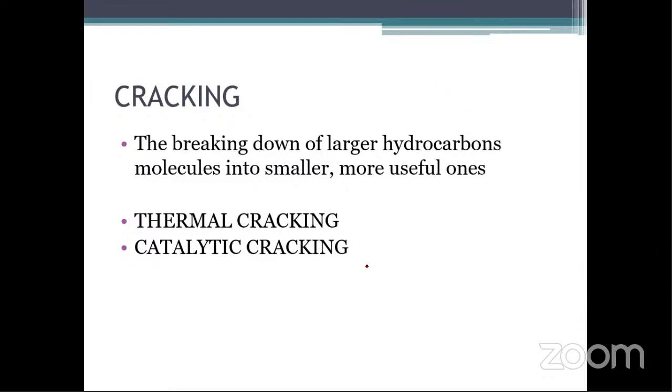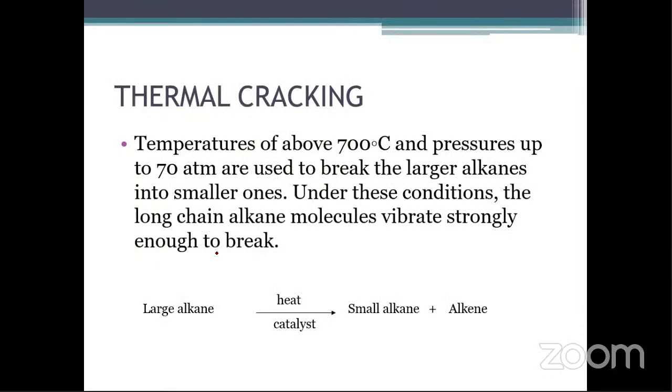Right, so you have it mostly right. Thermal cracking is about heat, while catalytic cracking is about using a catalyst. Let us first look at thermal cracking. In thermal cracking, you use temperatures above 700 degrees Celsius and pressures up to 70 atmospheres to break down the larger alkanes into smaller ones.